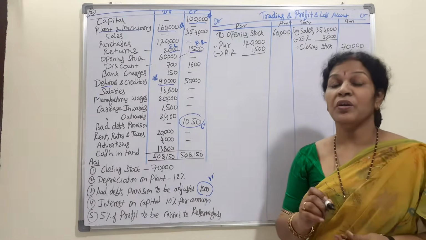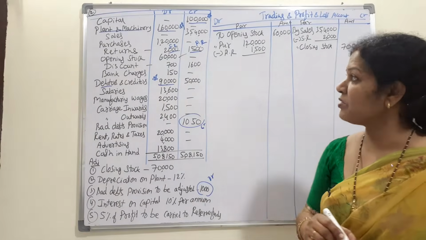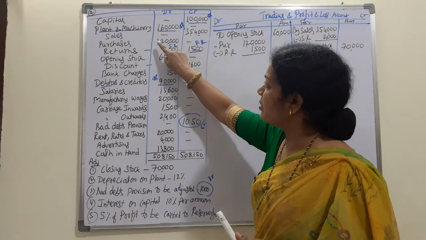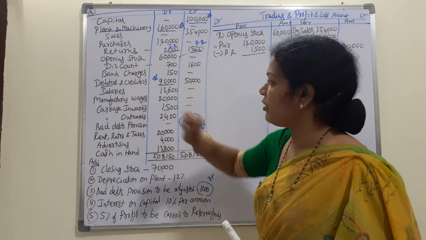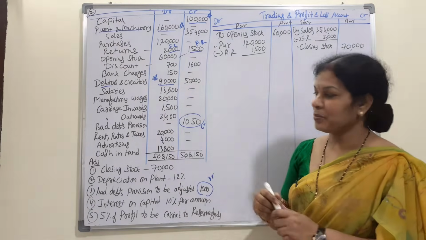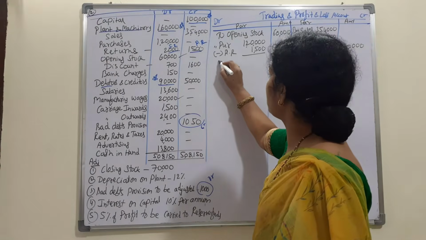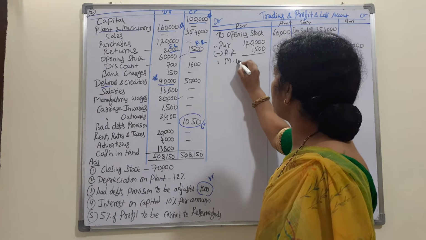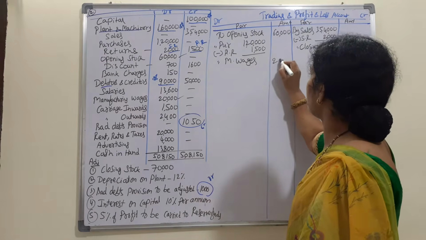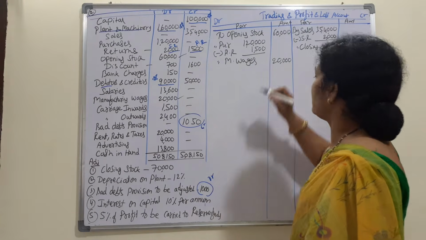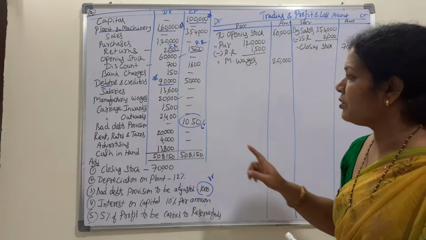Apart from these four, we have to search for the direct expenses. What are the direct expenses? Manufacturing wages. This is direct expenses. So we'll take manufacturing wages, 20,000. Next, carriage inwards.